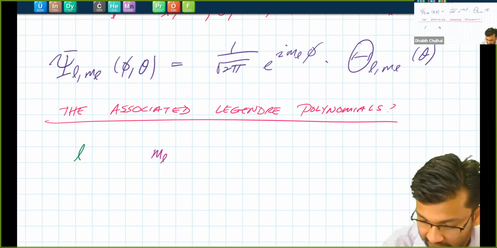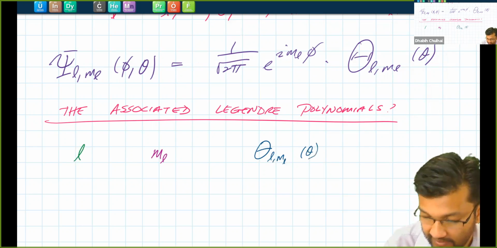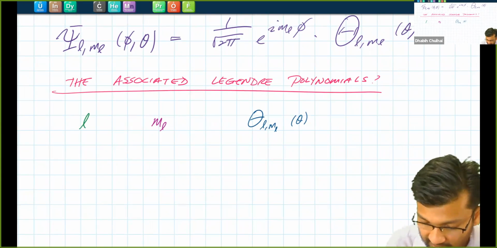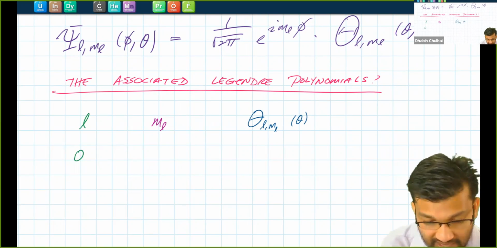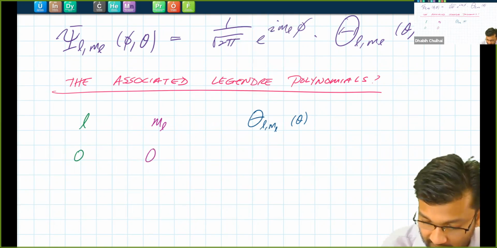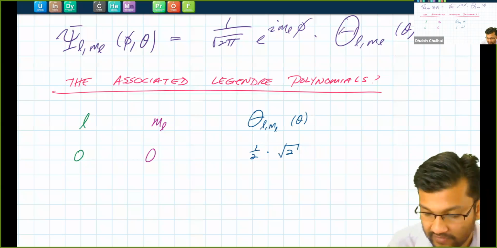And here we're going to have values of the polynomial L, ML in terms of theta. So for L equals 0, ML could only have one possible value, right? 0. And the wave function just becomes 1 over 2 times the square root of 2, or square root of 2 over 2, however you want to look at it.